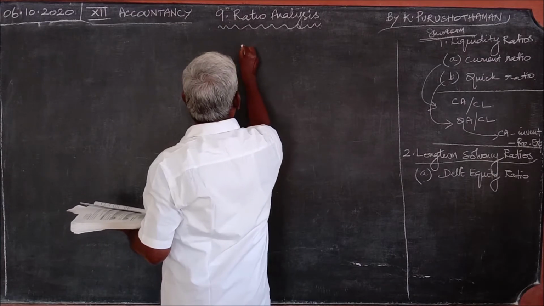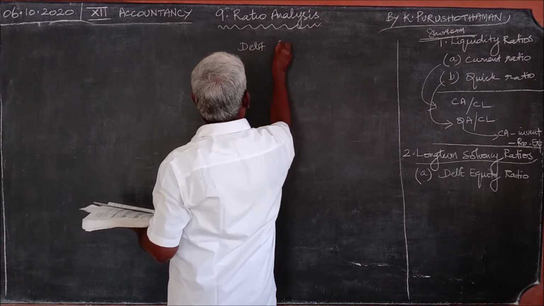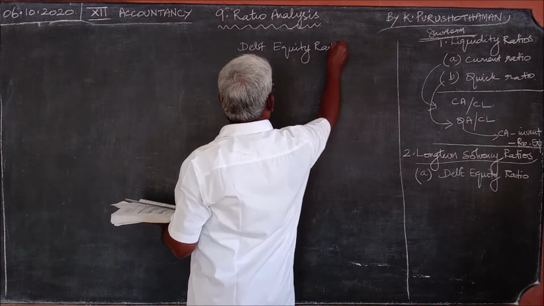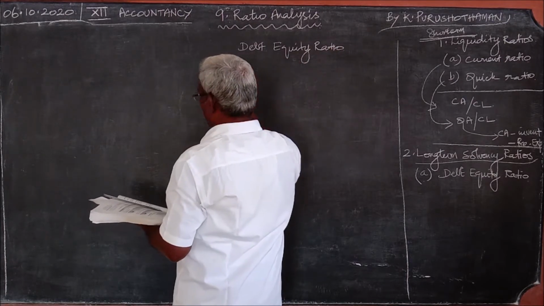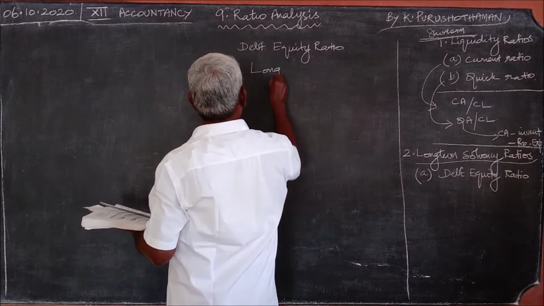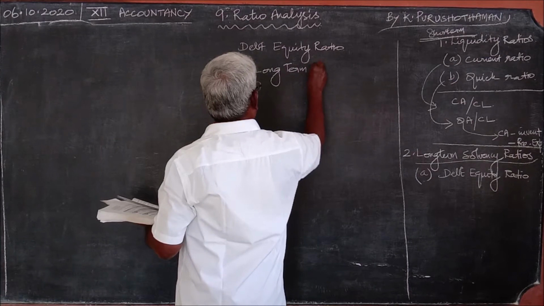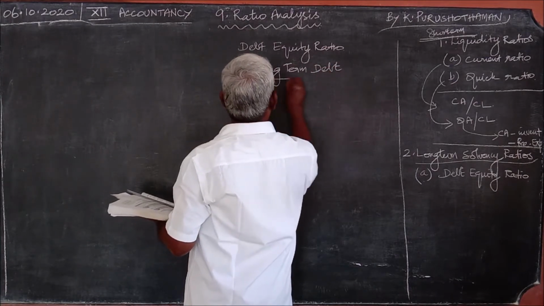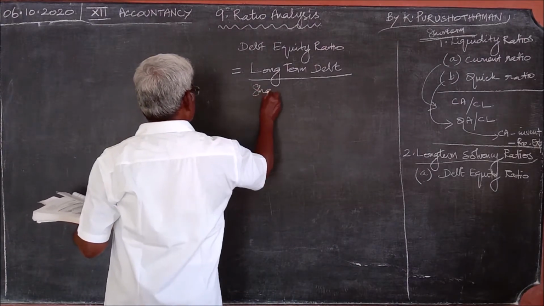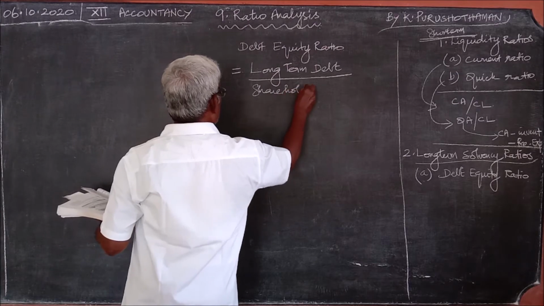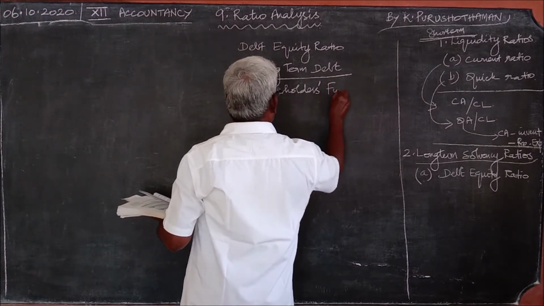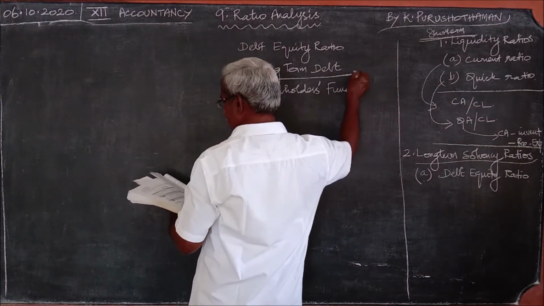Debt equity ratio is equal to long-term debt divided by shareholders fund, or shareholders funds, as it is given in the book.